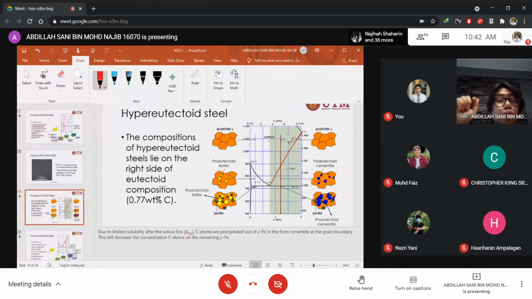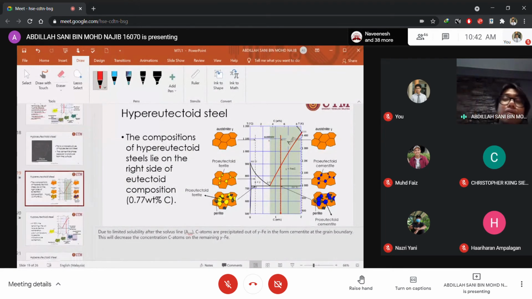So what happened? At first, from 100% austenite, we cool it off, and then we reach this phase of austenite and cementite, or iron carbide.